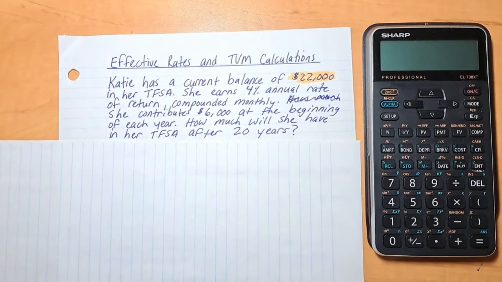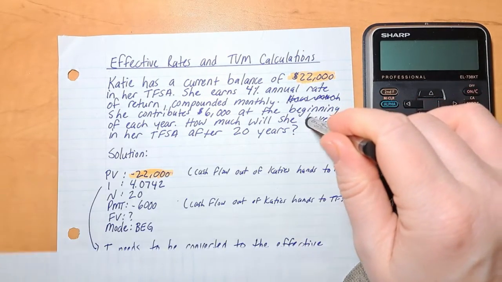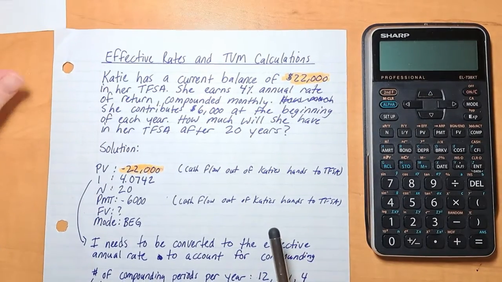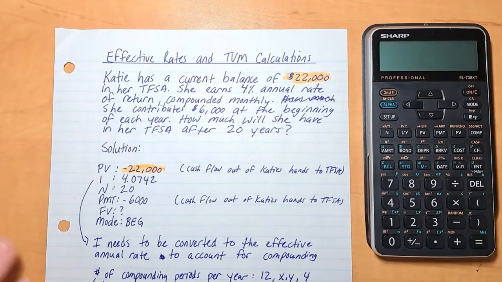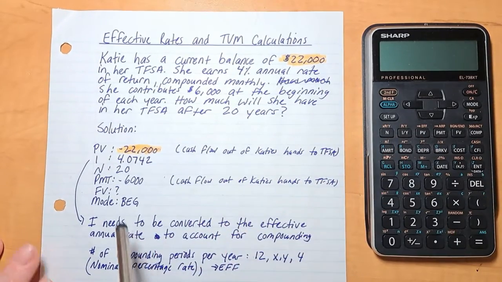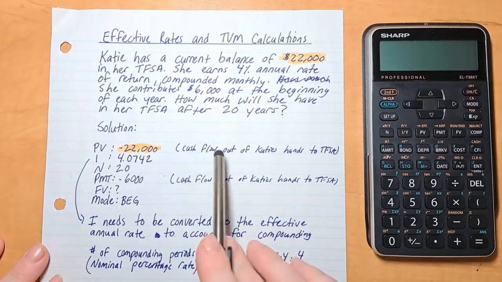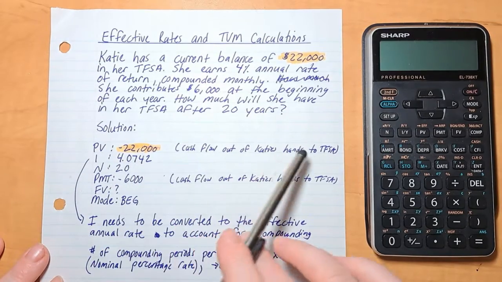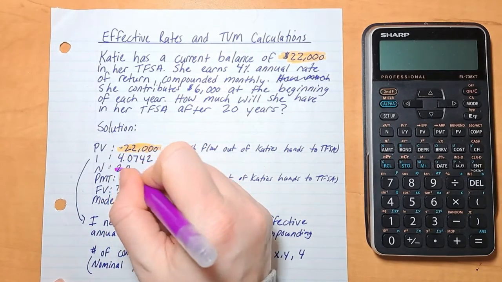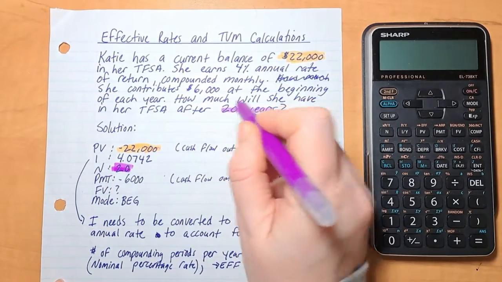Okay, here's the solution. As I've already highlighted, the present value of her TFSA is $22,000. And that's a negative because it's cash flow out of Katie's hands to her TFSA. We'll do the interest last because that requires some calculation. So the time period is 20 because it is 20 years.